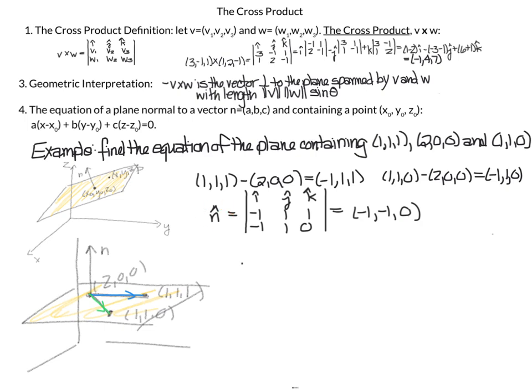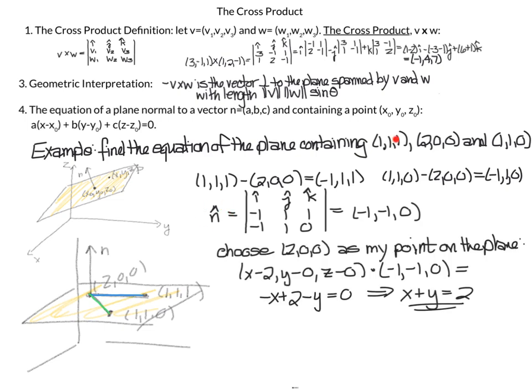This is now my vector normal. I can choose any one of these 3 points as my point on the plane, and I'm going to choose 2, 0, 0. So now I have a vector normal, I have a point on the plane, so my representative point x, y, z minus this point, so x minus 2, y minus 0, z minus 0 dotted with my normal, now gives me a final answer of x plus y equals 2.